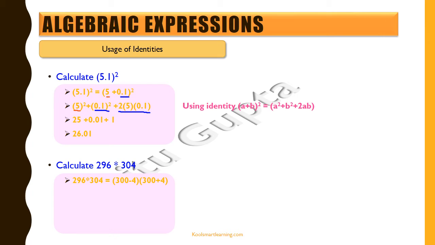Now if you look at it closely, it is (300 minus 4) multiplied by (300 plus 4), which is equivalent to saying it is equal to (a minus b) into (a plus b), where a is 300 and b is 4. So using that identity, we make it equal to 300 square minus 4 square, which is equal to 90,000 minus 16, and the result becomes 89,984.